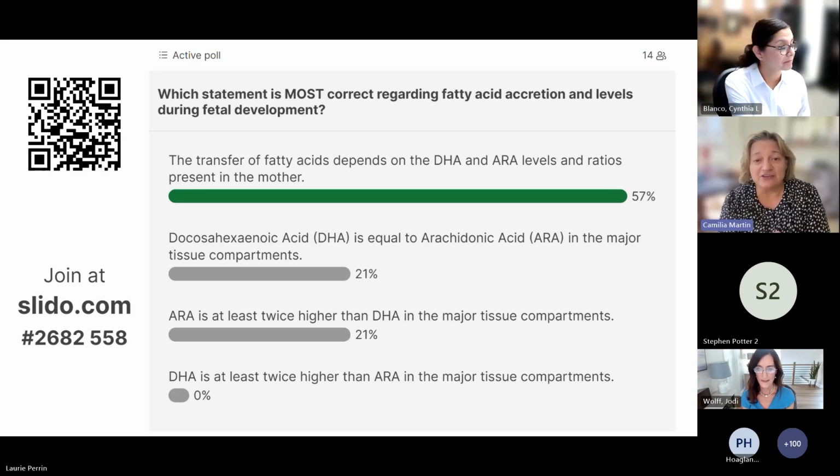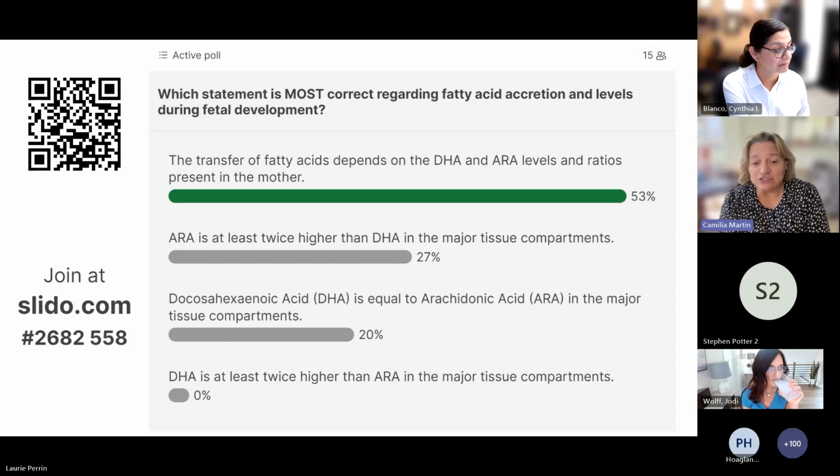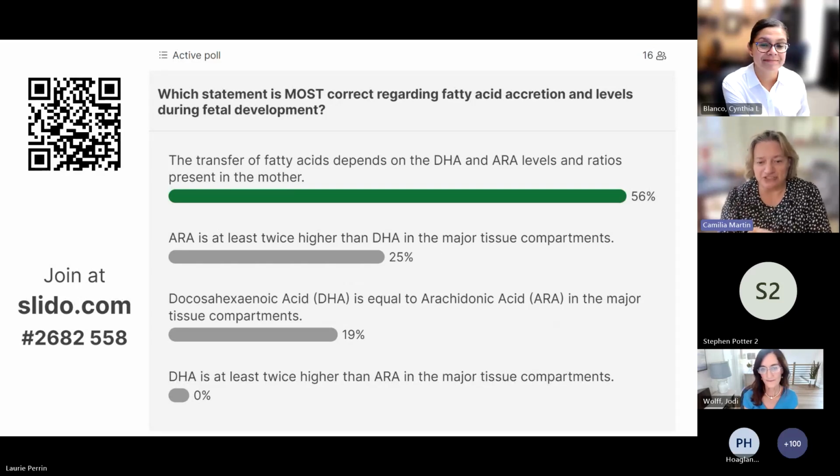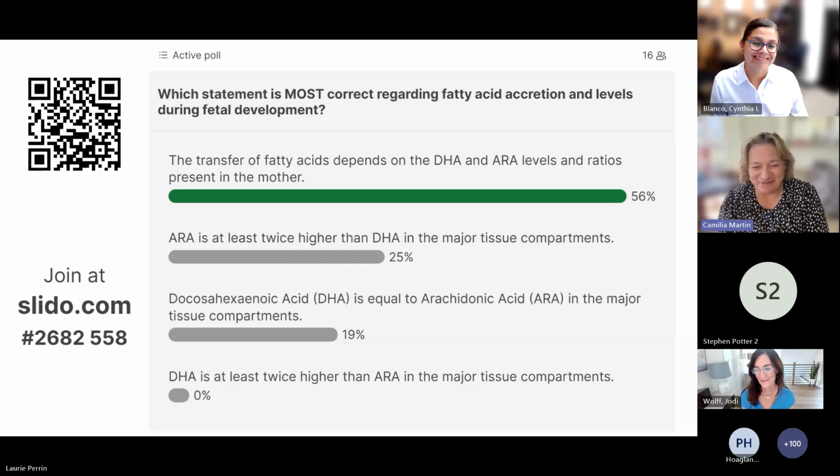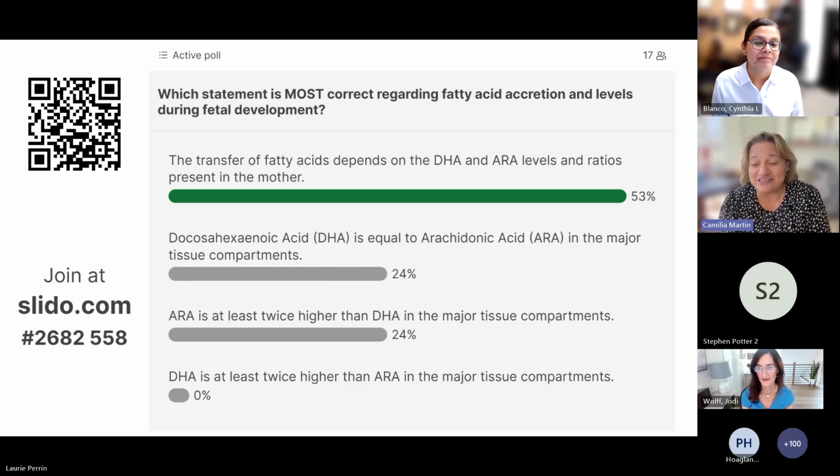DHA is docosahexaenoic acid, ARA is arachidonic acid. ARA is at least twice higher than DHA in the major tissue compartments. DHA is equal to ARA in the major tissue compartments. And DHA is at least twice higher than ARA in the major tissue compartments.